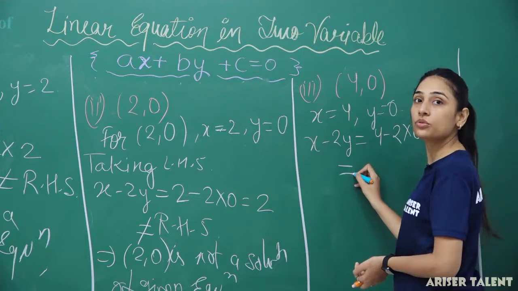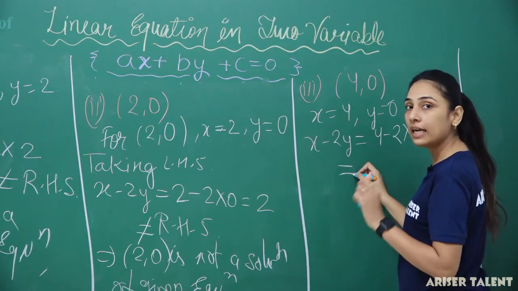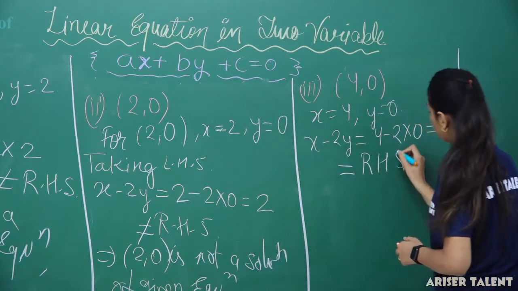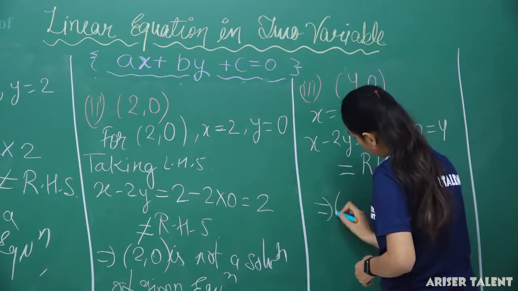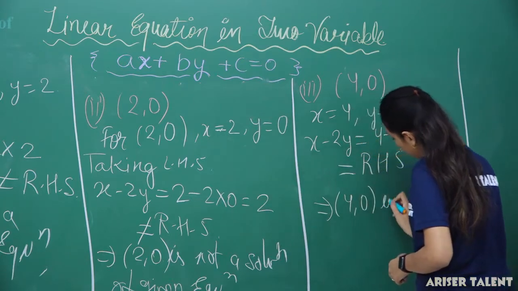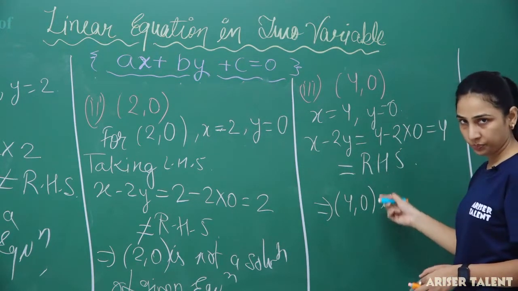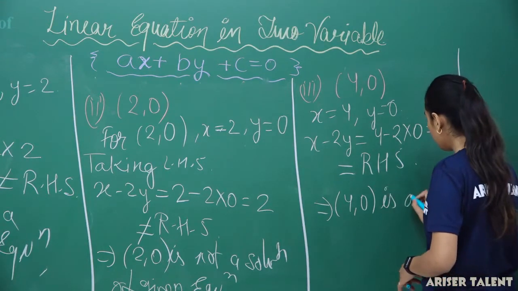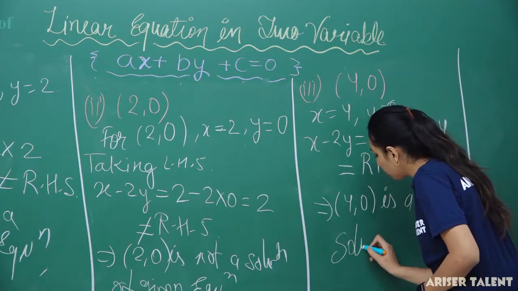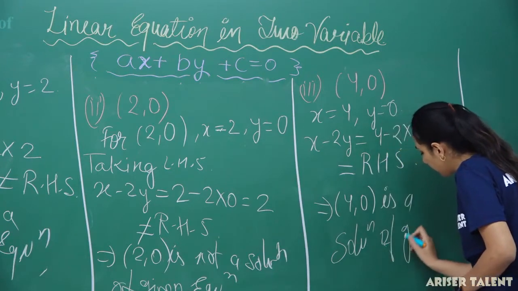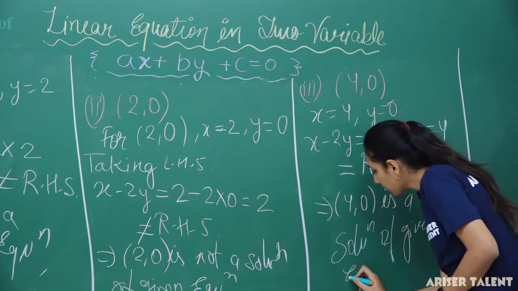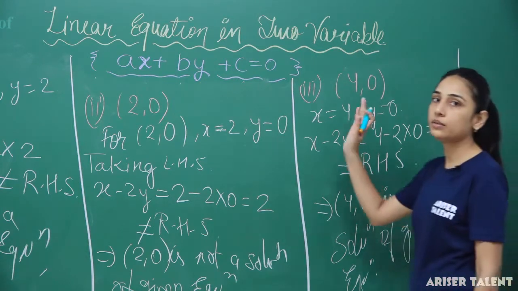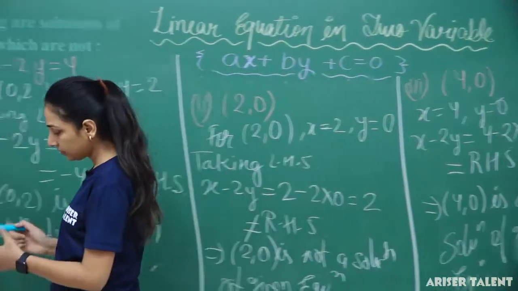And that is equal to RHS. Implies that for 4, 0, it's proving LHS equals RHS. So, that means 4, 0 is a solution of the given equation. Okay, note it.